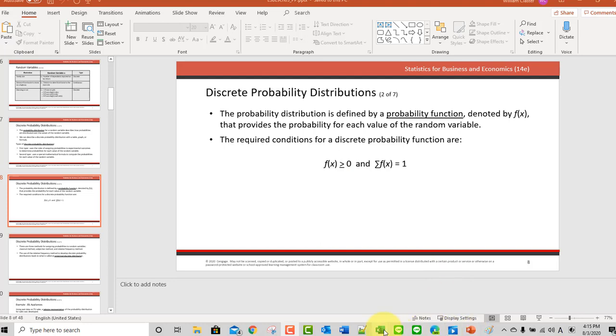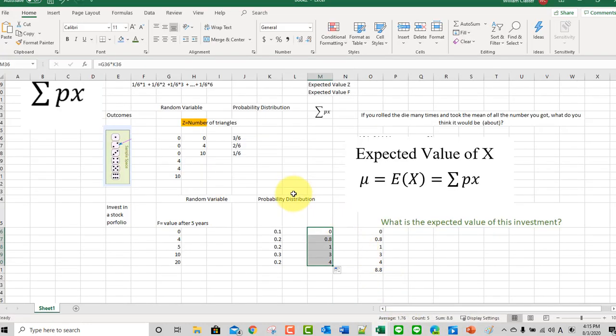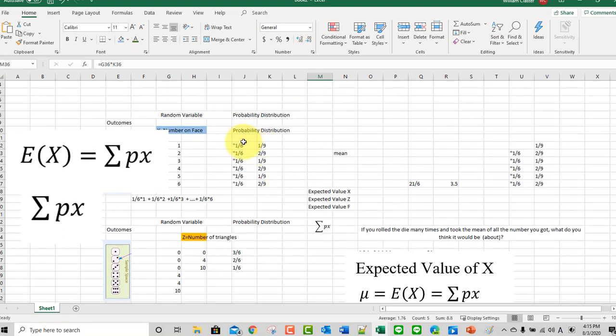So going back to ours, we had this picture, and when we summed all these up, we had to get 1, and we can't get any negative numbers here. So they're calling this thing f of x. F of x. Okay? And f of x, when you sum them all up, you have to get 1.